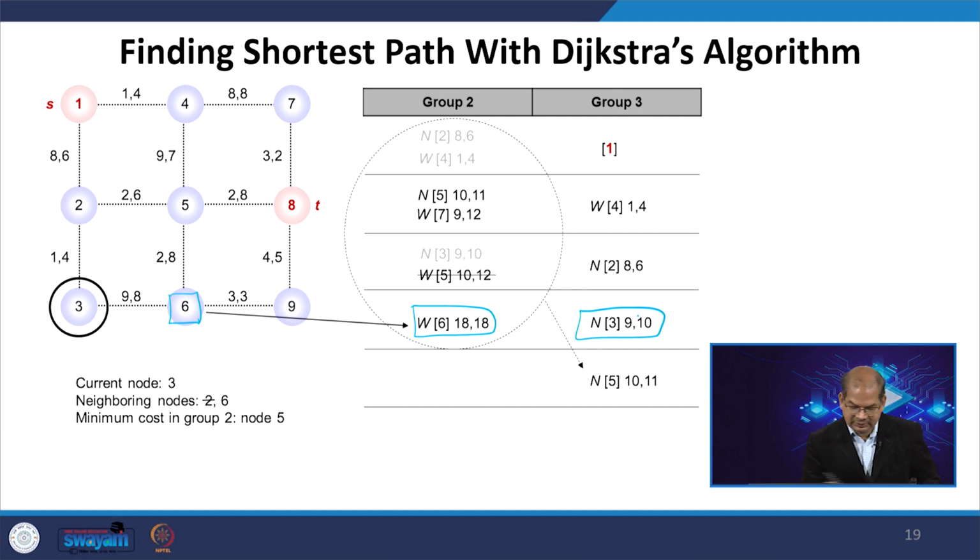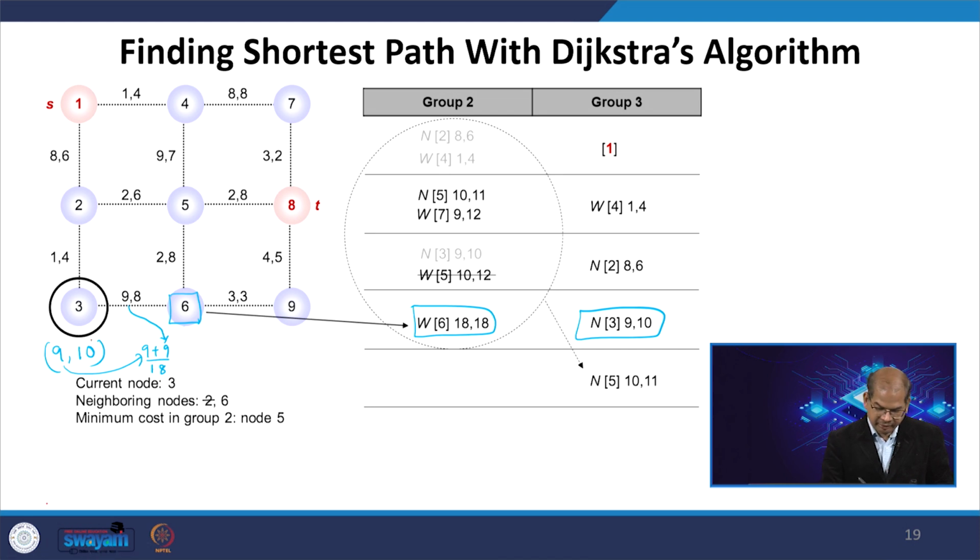Till this point, my weight is 9 comma 10. So, the cost till this point will be 9 plus 9, since this 9 comes from here and this 9 comes from here. Combined, it will be 18.